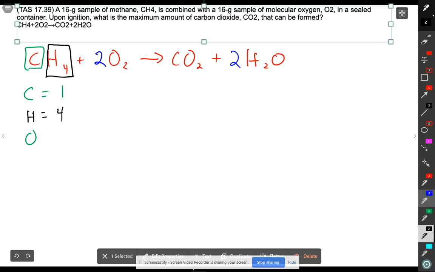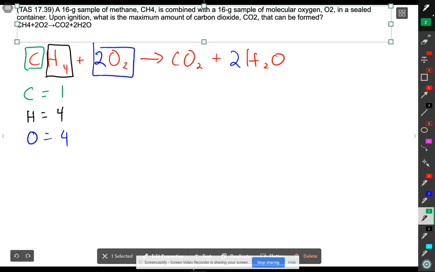And for oxygen, to make sure everybody's down with this, O2 is 2 oxygens, and we have 2 sets of that. So that's where we have 4 oxygens.